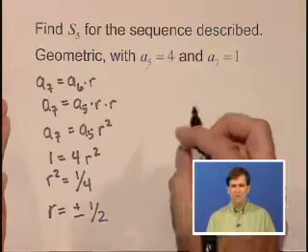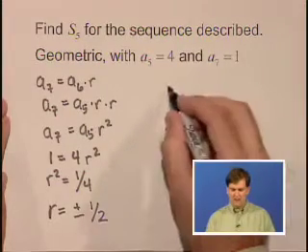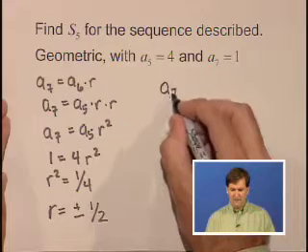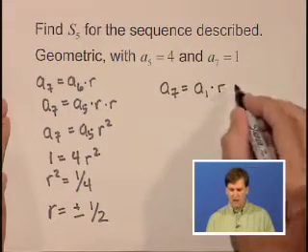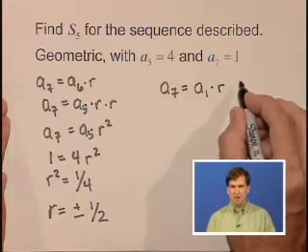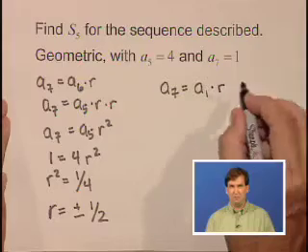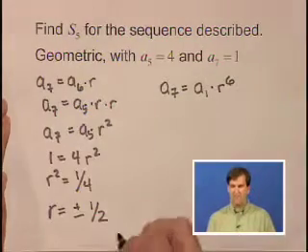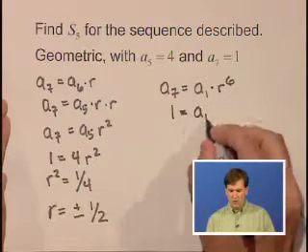The formula for A1 would say that, well, we know A7, so let's use that. A7 should be equal to A1 times that common ratio to the n minus 1 power. An is A1 times the ratio to the n minus 1 power. So this should be to the 6th power. A7 is 1. A1 we don't know.